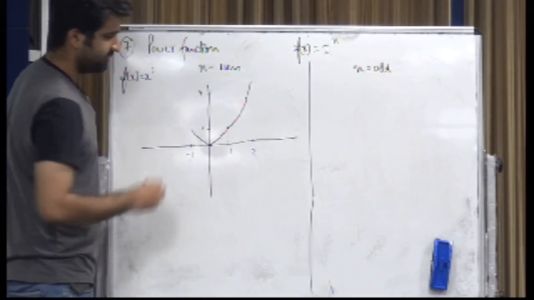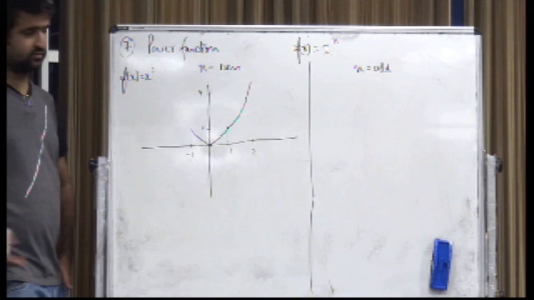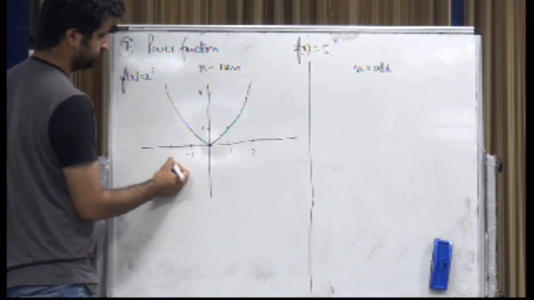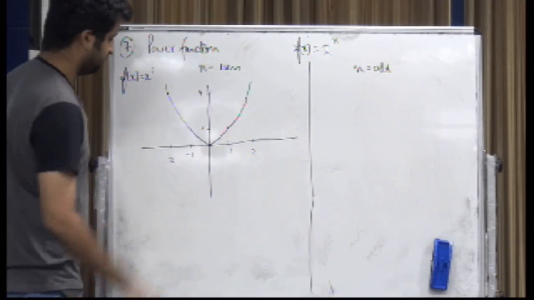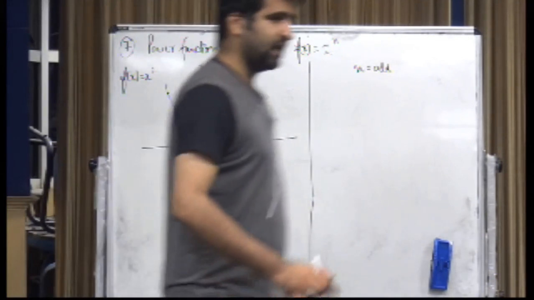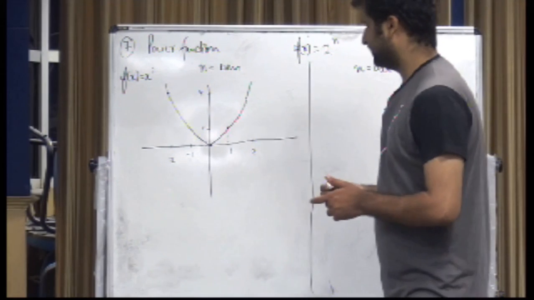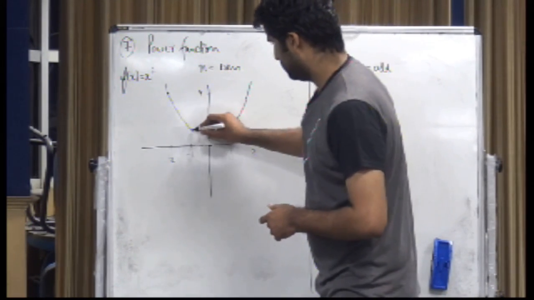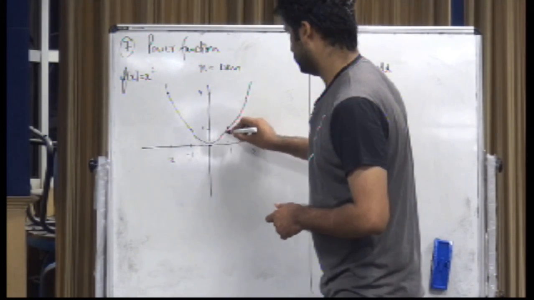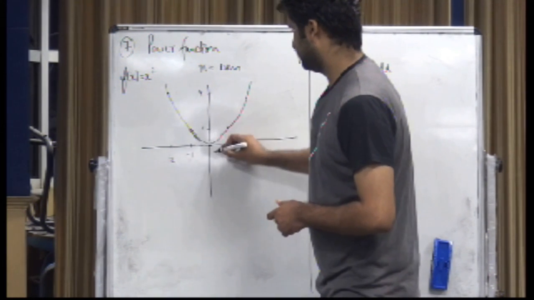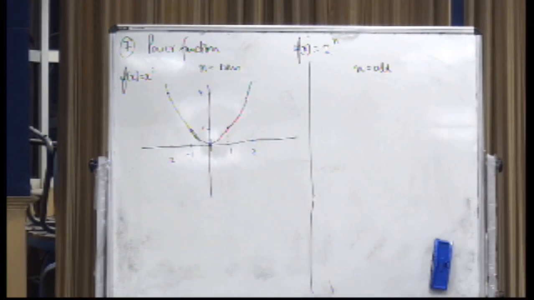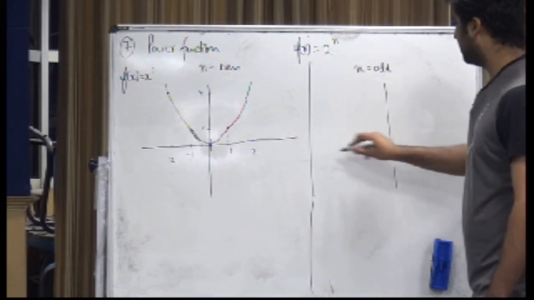I will get the same value 1, since -1 square is +1. And for -2, again I get 4. So the graph is a U-shaped graph. Like this. So this is the graph, and when n is odd, in that case the graph will be pretty different.